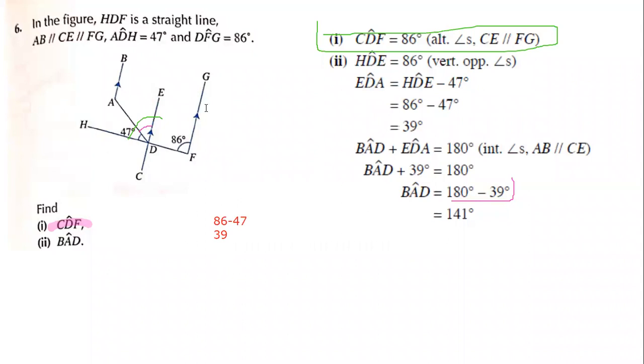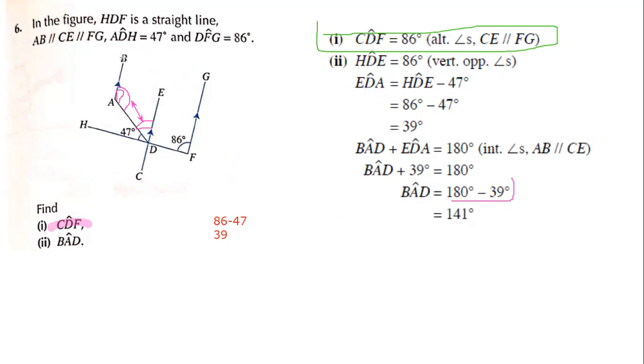Now we know that this angle plus this angle, these two angles are equal to 180 degrees. Sorry about the drawing. It should be like this. So these two angles are interior angles and their sum must be equal to 180 degrees.